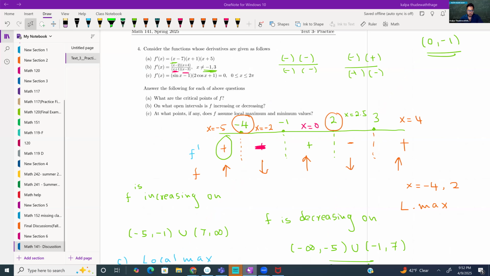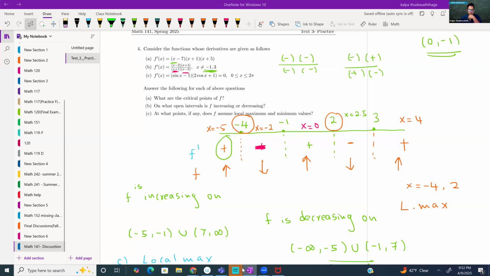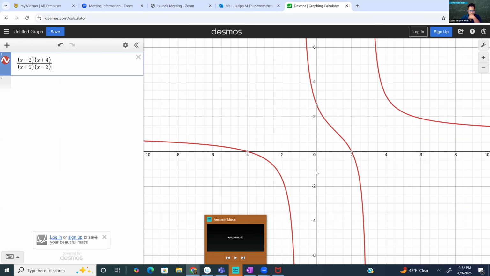So I got -4 and 2. We have local max. Oh, that's interesting. -2, x plus 4, x plus 1, -3. -1 is a critical point.